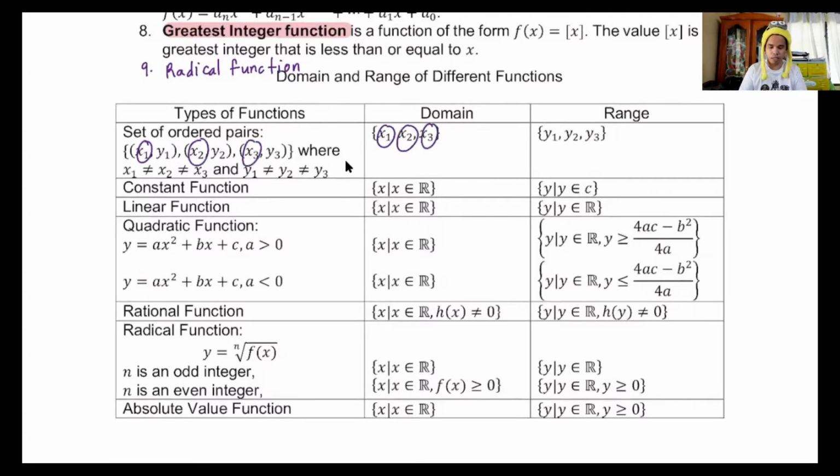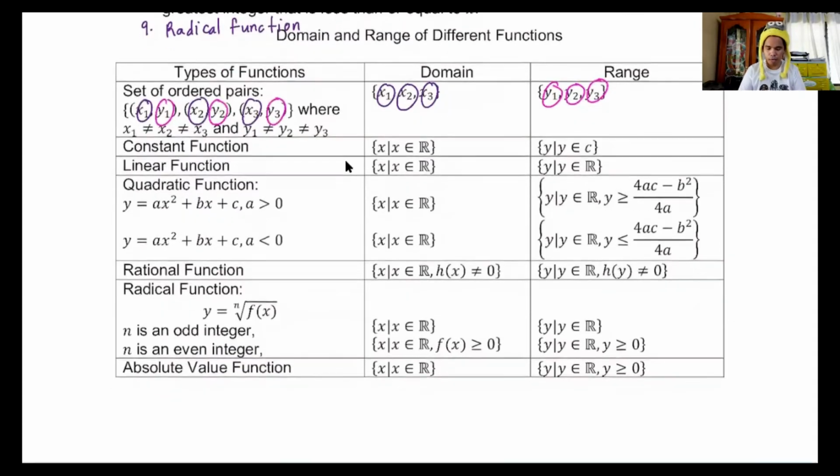That's domain. All the allowable values for x. And then for the range, naa si y sub 1, y sub 2, and y sub 3. Okay?